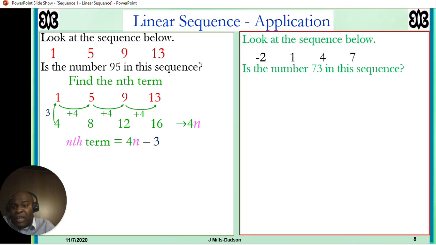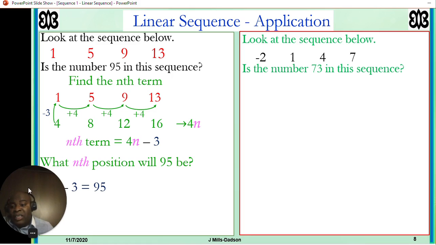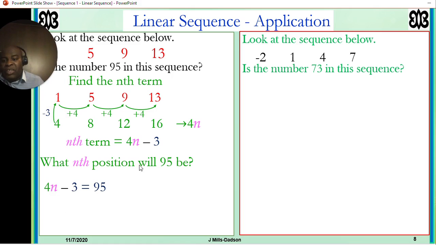So to find out if 95 is in the sequence, equate the formula with 95. The reason is we want to work out the position of the number 95. So we equate the formula with 95 and solve our equation. Add 3 to both sides: 4n equals 98. Divide 4 through both sides.